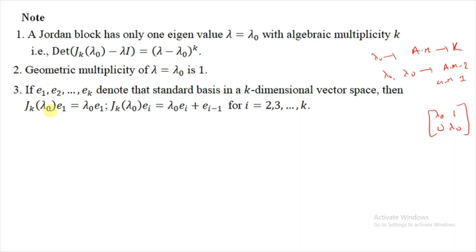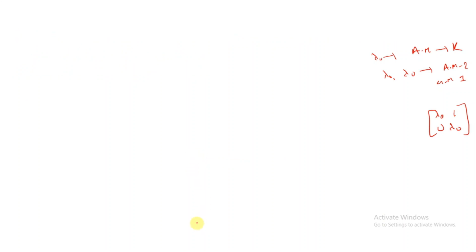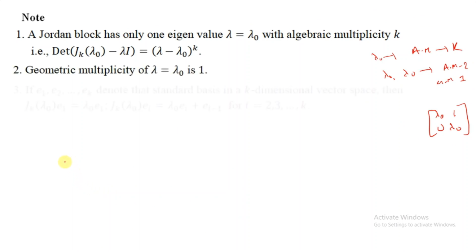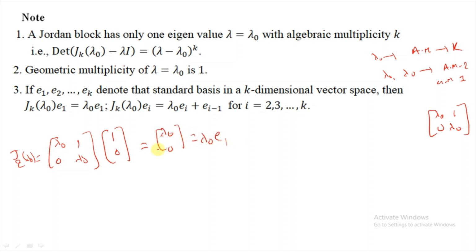Then J_k(lambda naught) e1 equals lambda naught e1. Take a 2 by 2 matrix with rows lambda naught, 1 and 0, lambda naught. Multiplying it by e1, which is (1, 0), you get (lambda naught, 0), which is the same as lambda naught times e1.